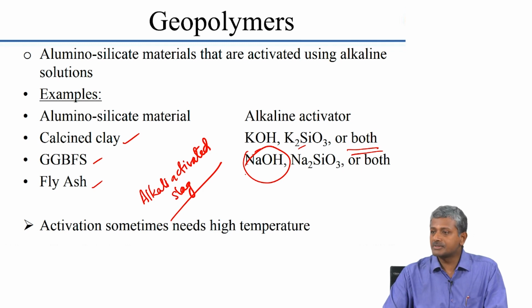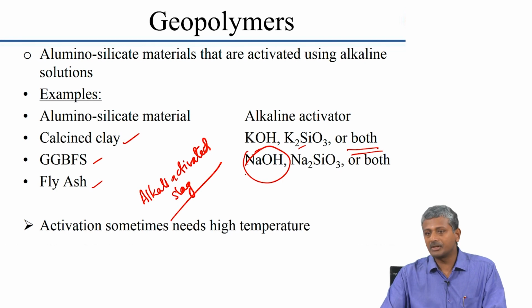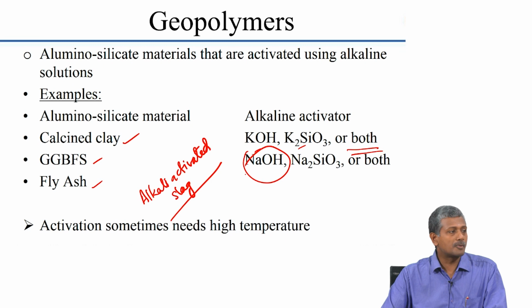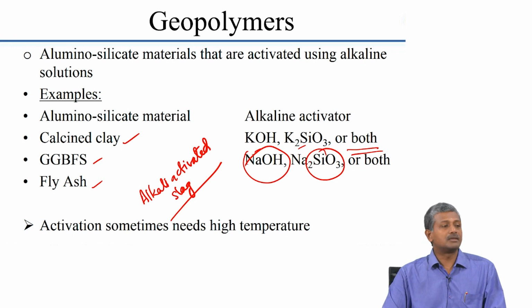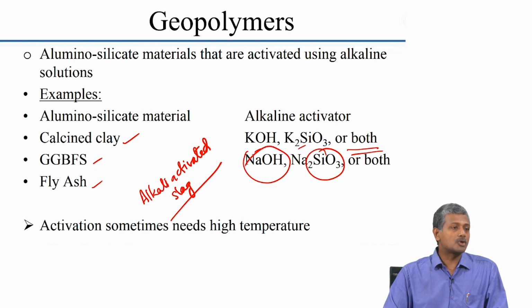But sometimes what happens is the silica that is available in the inorganic material is not sufficient enough to cause this polymerization to happen in a large way. So, what is really happening is you can add an extra source of silicate to increase the extent of that polymerization. Okay. So, that is why people try to use combinations of sodium hydroxide and sodium silicate that seems to give better results as compared to just sodium hydroxide alone.